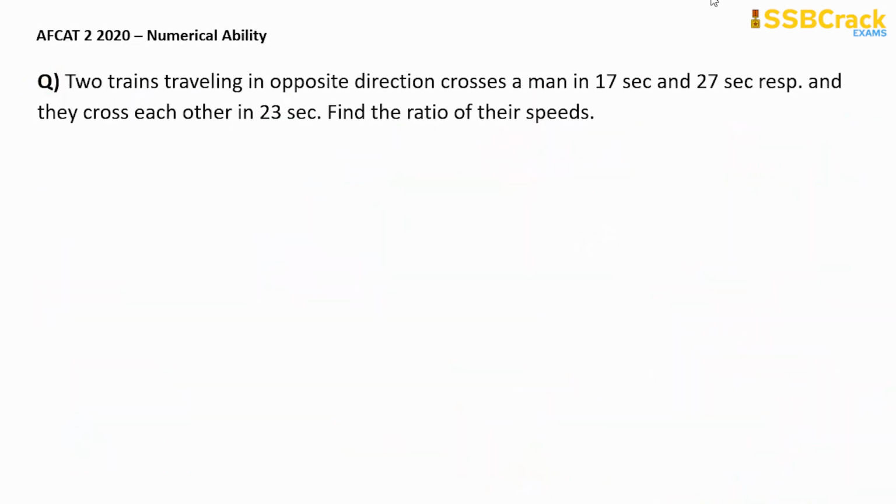Coming to the next question, it states that two trains traveling in opposite directions cross a man in 17 seconds and 27 seconds respectively, and they cross each other in 23 seconds. So find the ratio of their speeds. Now this is the exact question that we gave in mock 1.